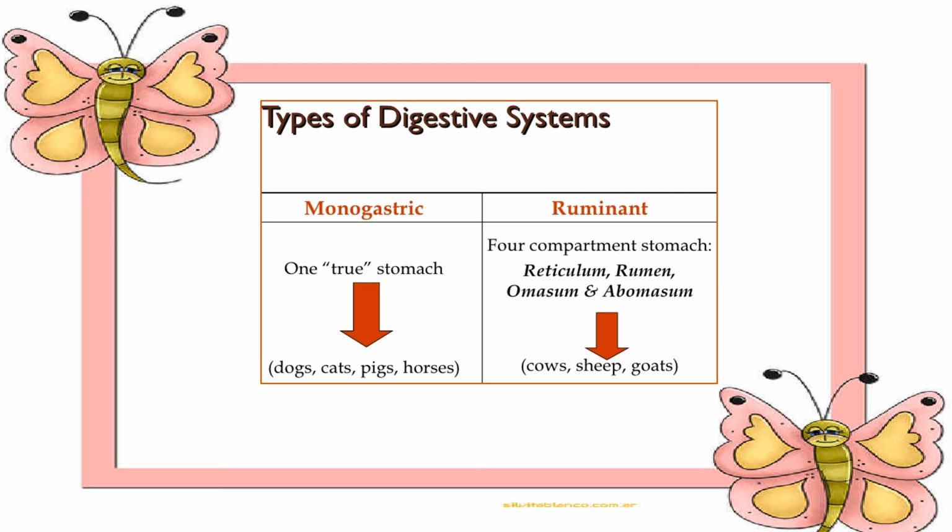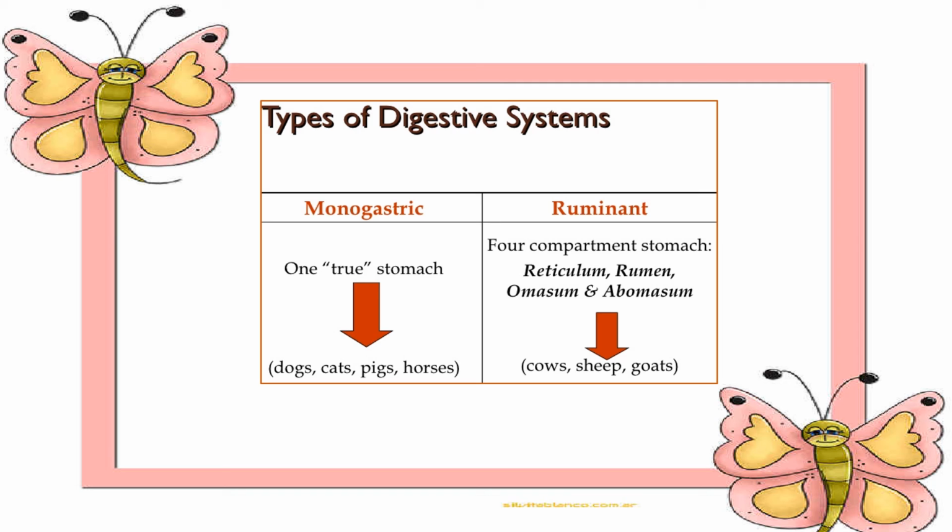Madami silang paglalagyan. These 4 compartments are called the reticulum, the rumen, omasum, and the abomasum. Examples for this are cows, sheep, goats. These animals have a 4 compartment stomach.